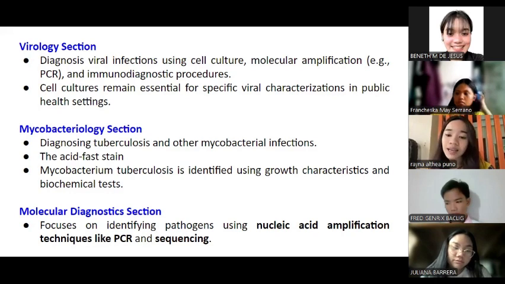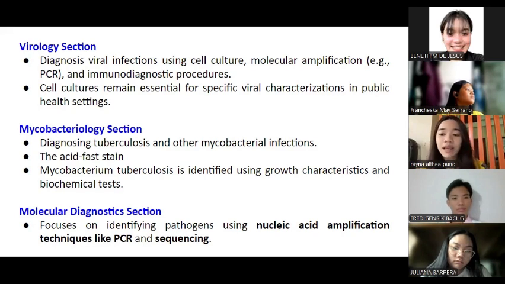Acid fast staining is the staining technique used to identify mycobacteria, which have unique cell wall properties that make them resistant to standard staining methods. In terms of identifying Mycobacterium tuberculosis, it involves observing its growth characteristics in culture and conducting biochemical tests to confirm the presence of tuberculosis.